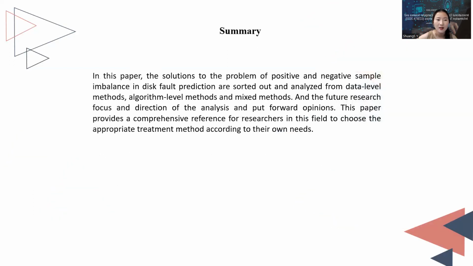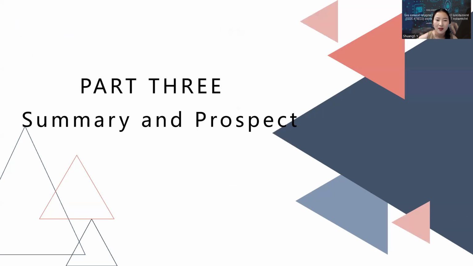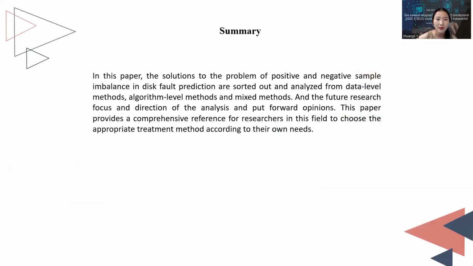The last part is summary and prospect. In this paper, the solutions to the problem of positive and negative sample imbalance in disk failure prediction are sorted out and analyzed from data level methods, algorithm level methods, and mixed methods. The future research focus and direction are analyzed and opinions put forward.